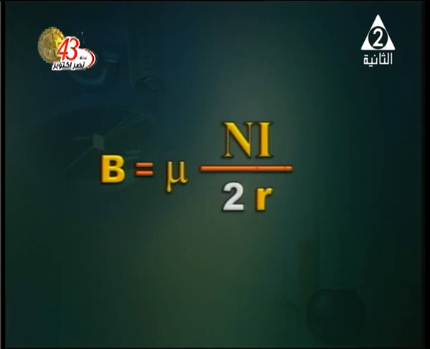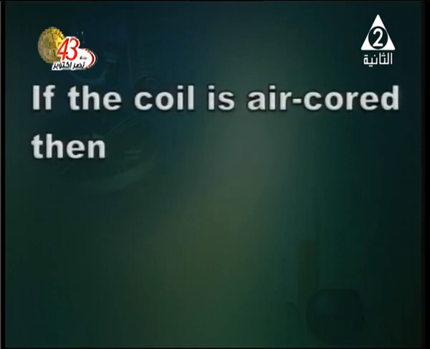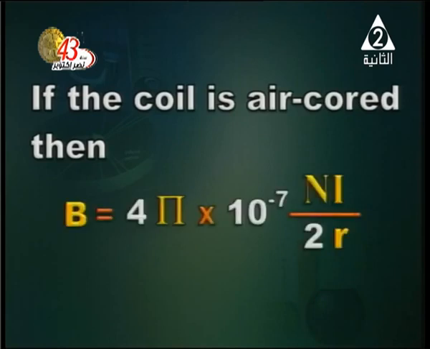N is the number of turns on the coil, I is the current intensity, and of course R is the radius of the circular coil. If the coil is air-cored, then B is given by 4π × 10⁻⁷ NI over 2R.